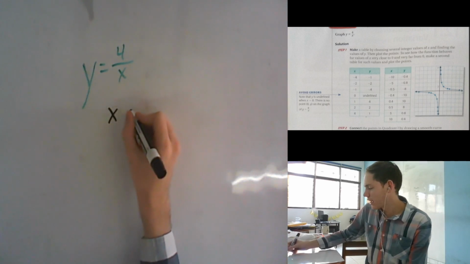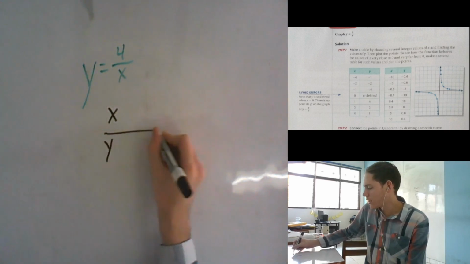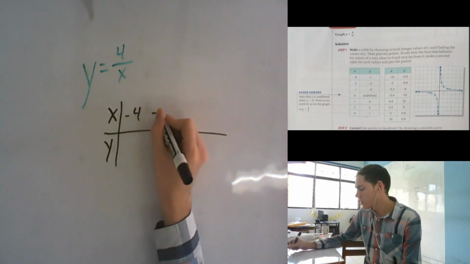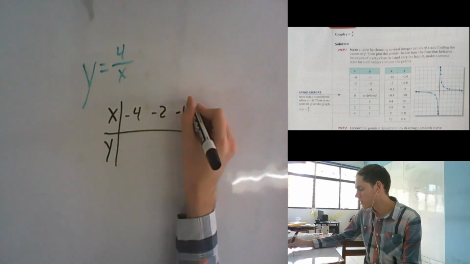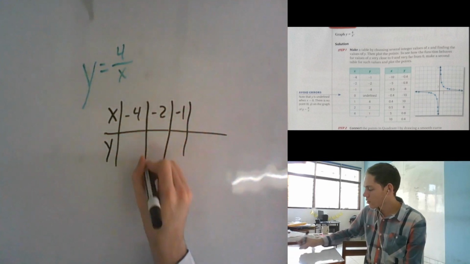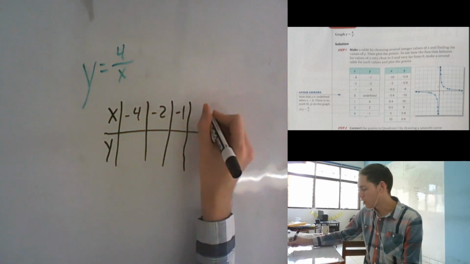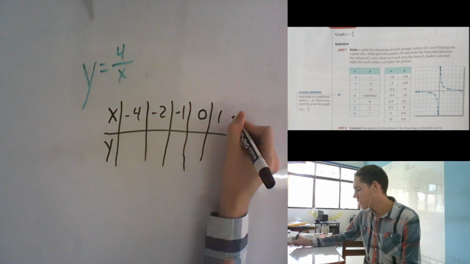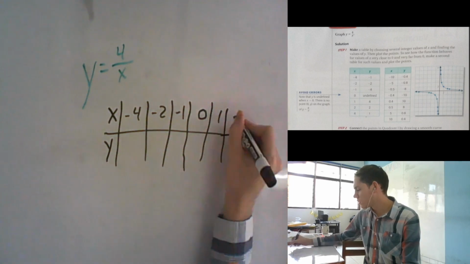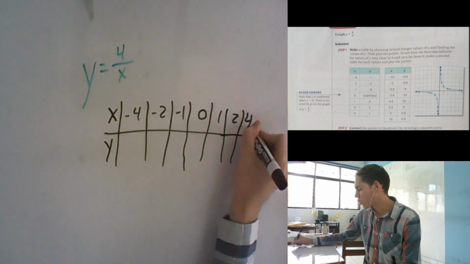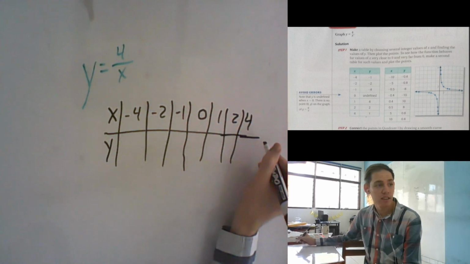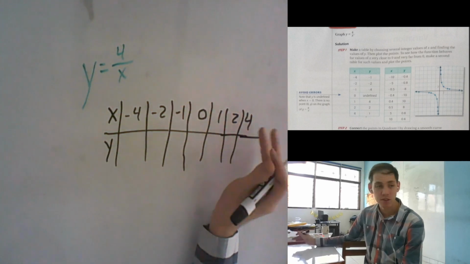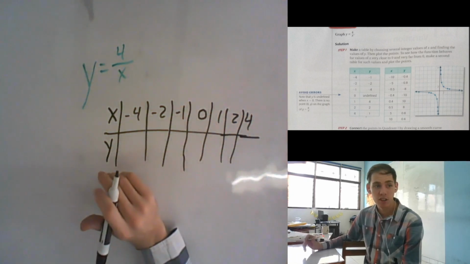Okay, x and y, and I'm going to plug in -4, -2, -1, 0, which we kind of know, 1, 2, and 4.